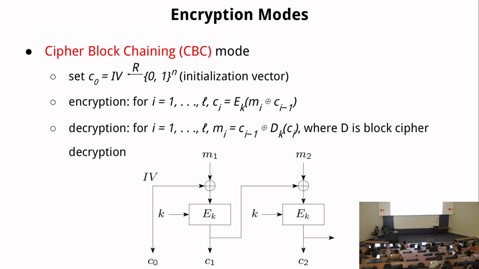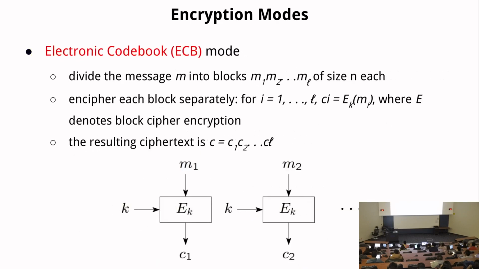But there is a problem with this approach. In the ECB mode, those are totally independent steps, which means you can run them at the same time. You can encrypt M1, M2, M3, M4 at the same time, so it will be very fast.